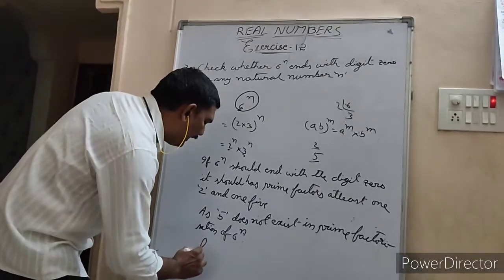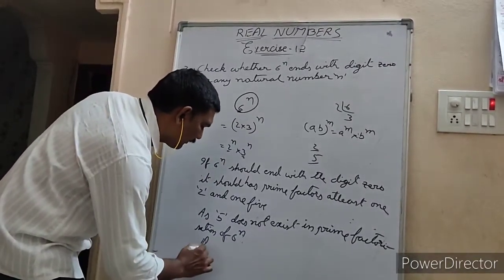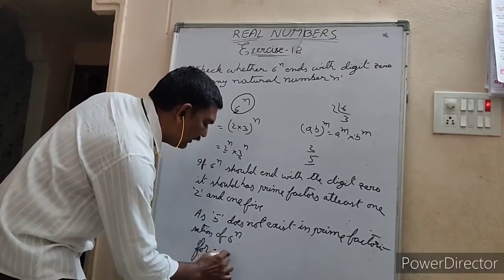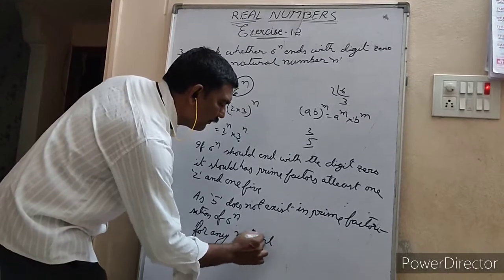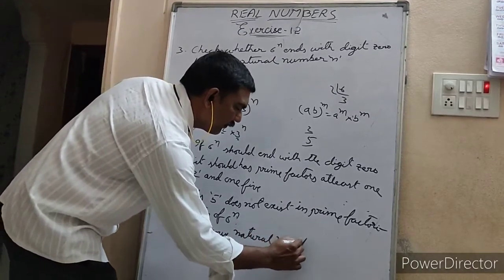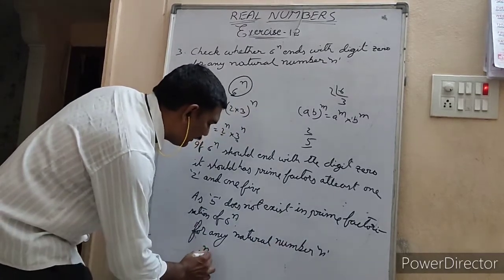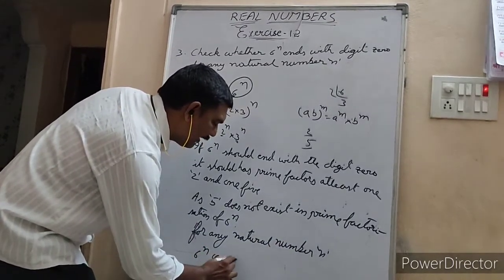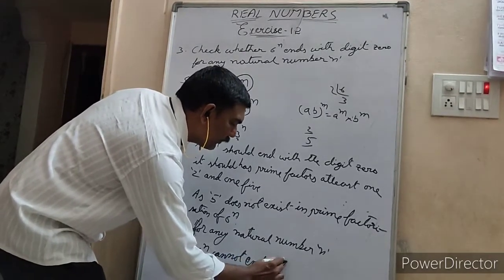Therefore, for any natural number n, 6 power n cannot end with the digit 0.